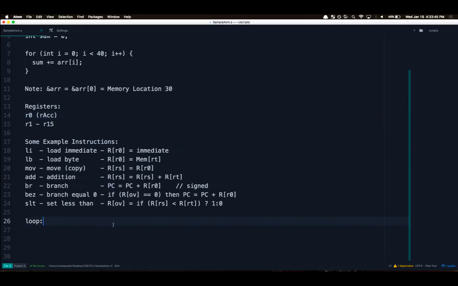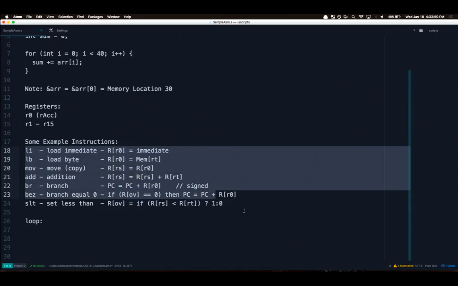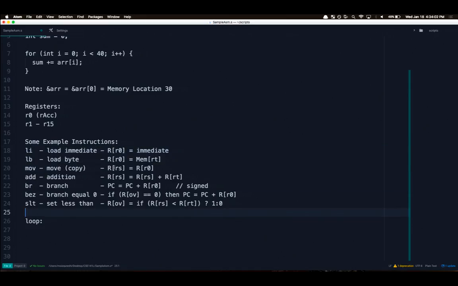So I'm assuming that I have R0 to R15, and I'm using R0 as my accumulator register. I didn't really get to fill out the rest of this, but here are some sample instructions. I have a load immediate instruction that loads an immediate into my accumulator register.